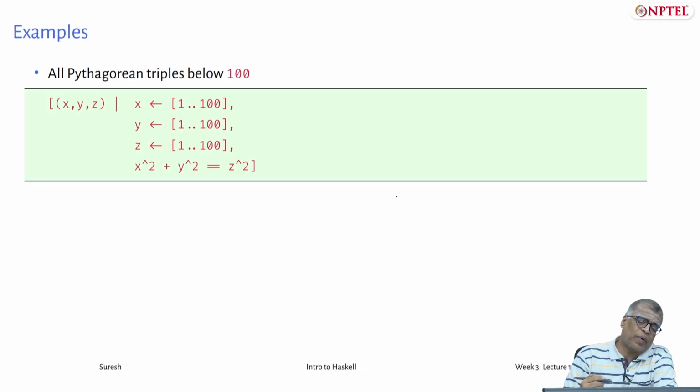Here for example is all Pythagorean triples below 100. What's a Pythagorean triple?